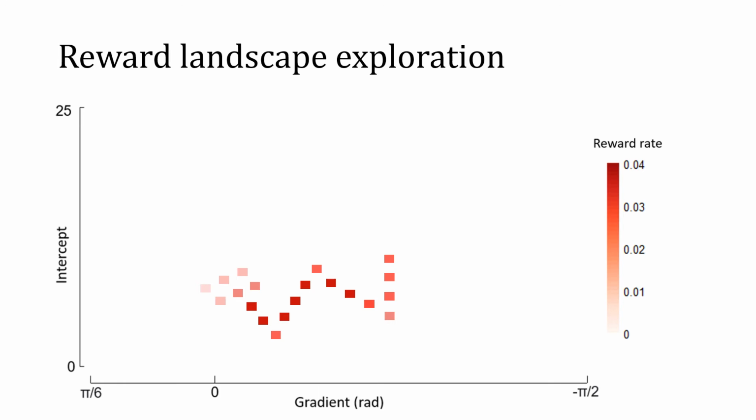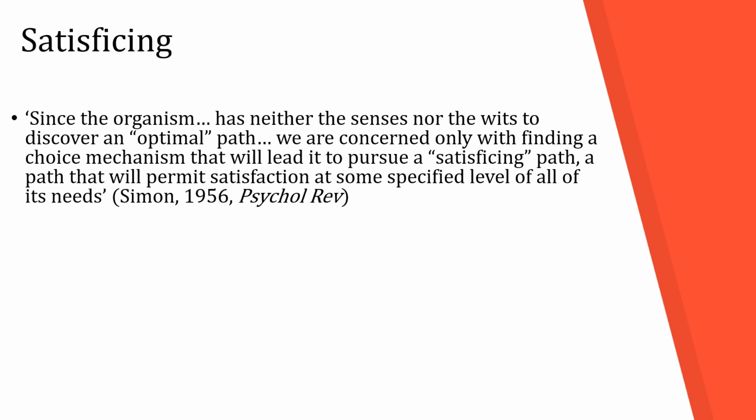That could explain why participants may simply abandon further exploration and return back to the policies which they know yield a good enough reward rate. And it would also explain why some participants never get all the way to this relatively tight cluster of most optimal policies. This relates to the concept of satisficing.